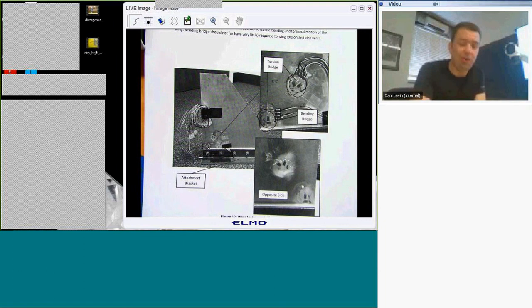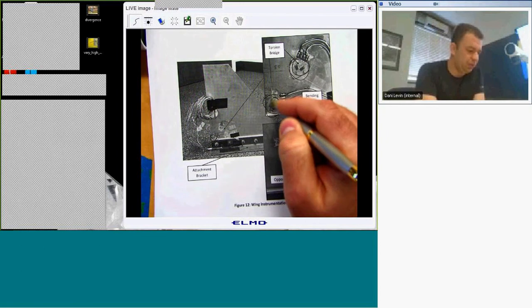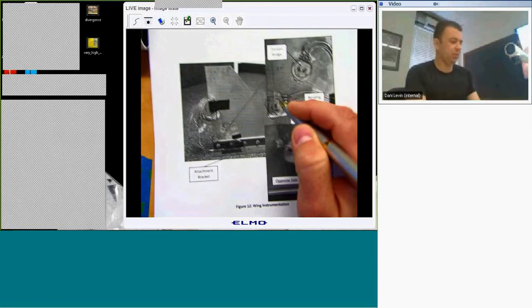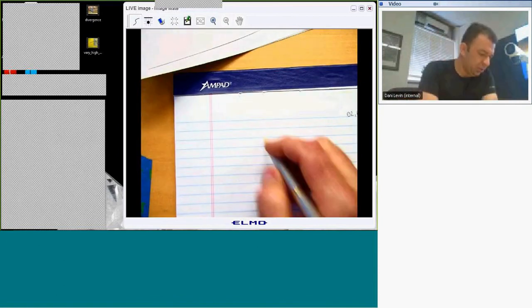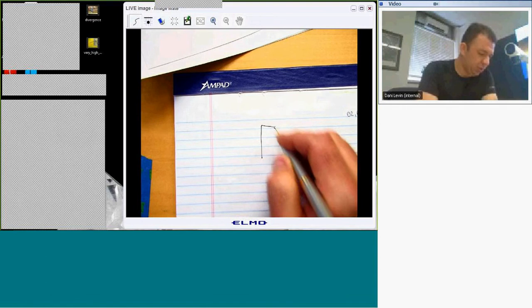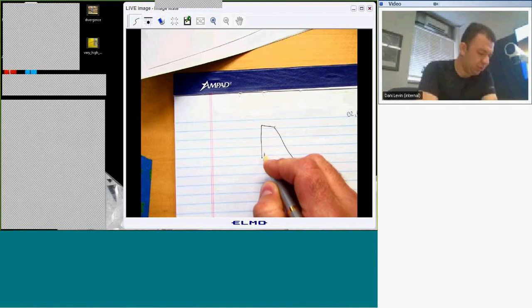This one you understand, right? If you bend it, let's do it like here. This is our wing. Here we have the longitudinal direction and this is transverse.